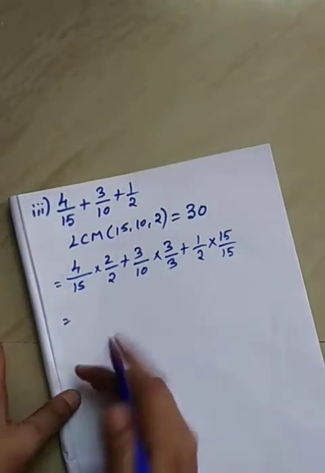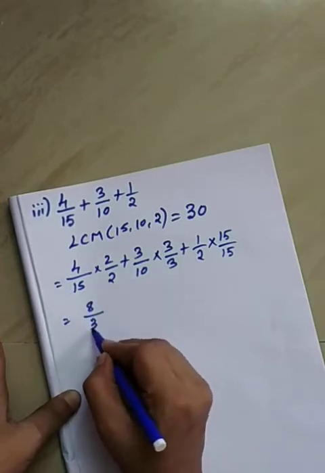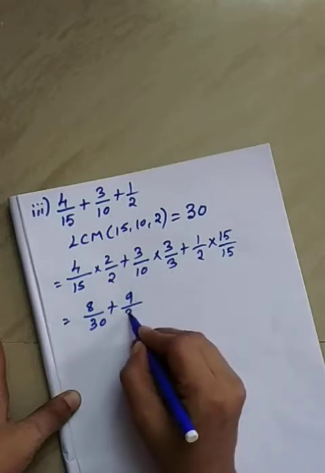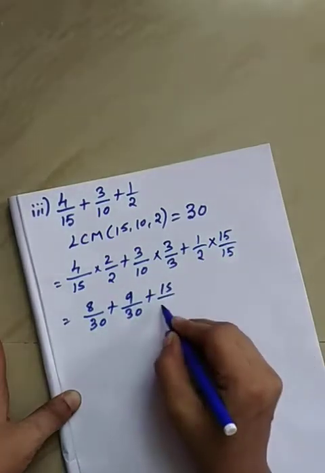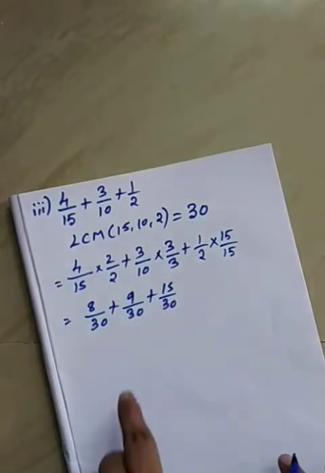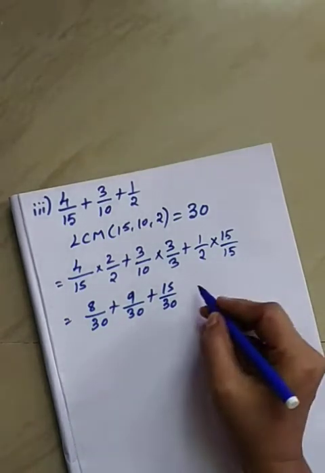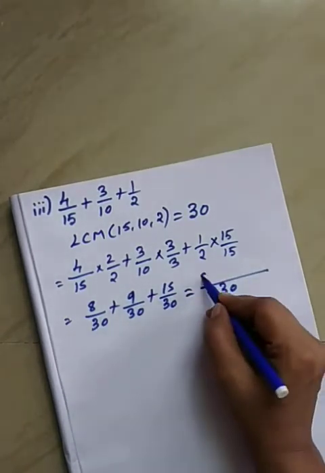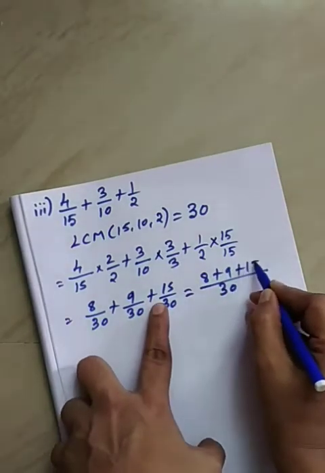Now, 4 2s are 8 divided by 15 2s are 30. Plus 3 3s are 9 divided by 10 3s are 30. 1 into 15 divided by 2 into 15, 30. Now you see all the denominator values are 30, so you can write 30 only one time. Write the numerators 8 plus 9 plus 15.